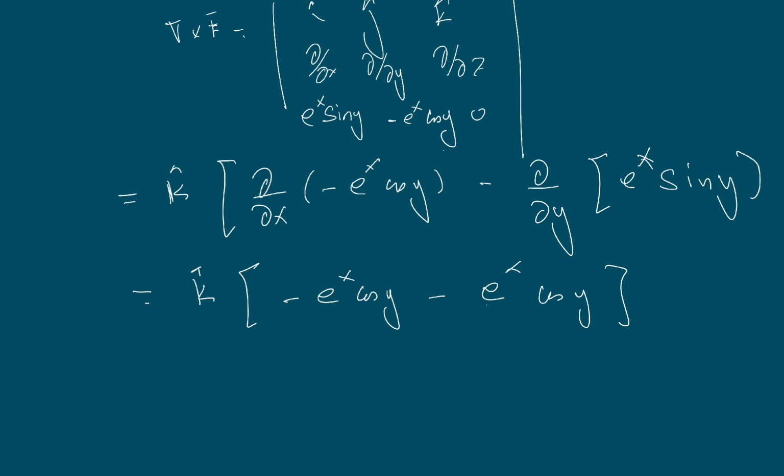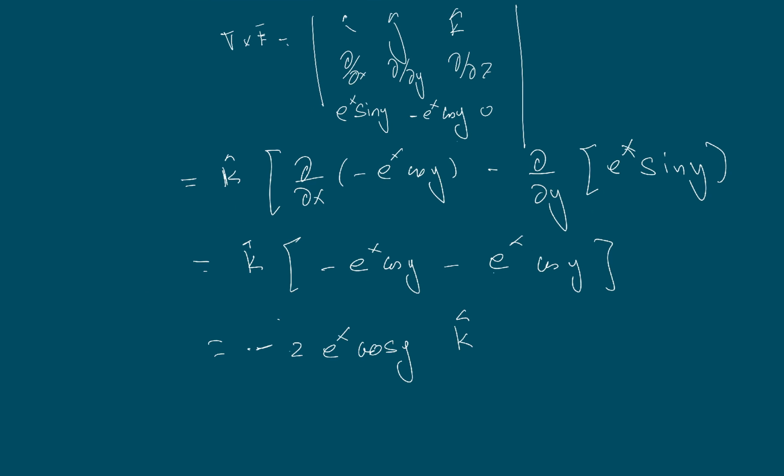So it will be minus 2 times e to the x cosine of y, k. That means that there is a tendency to rotate of this vector field that is measured at every point with this expression.